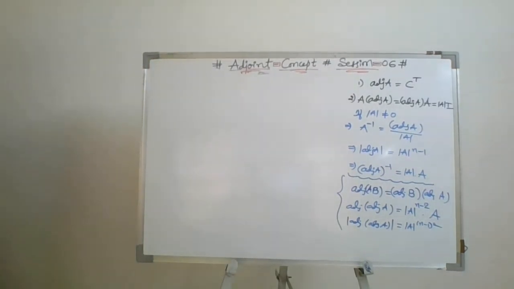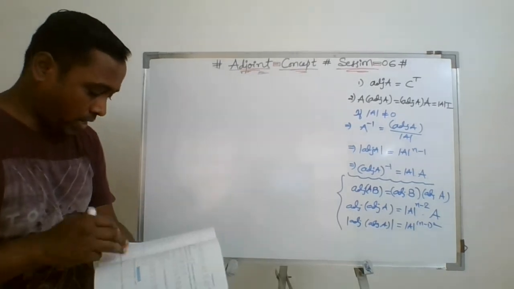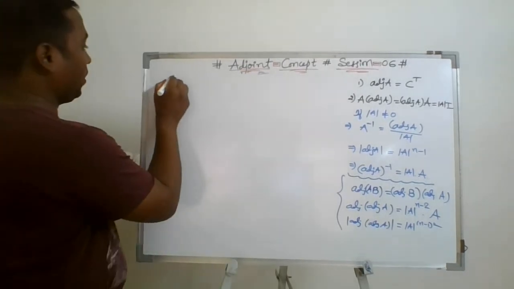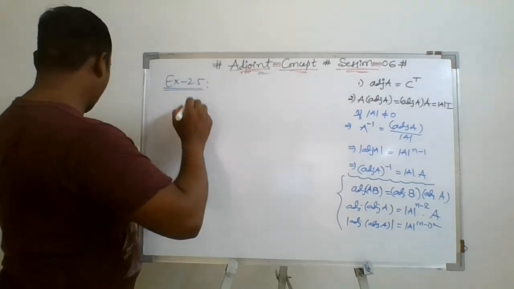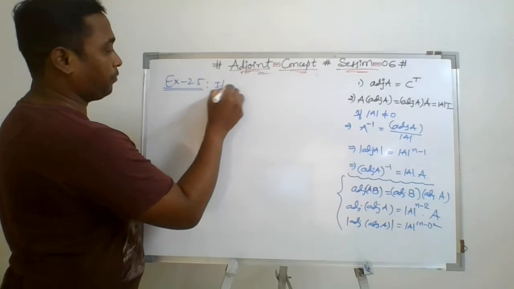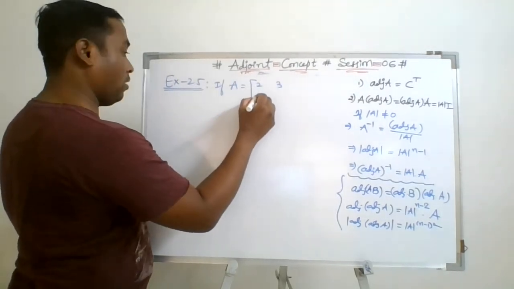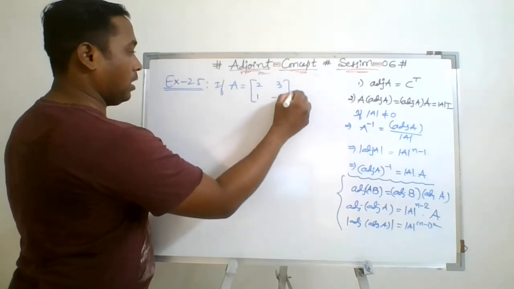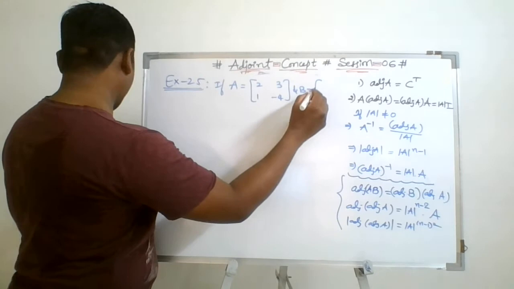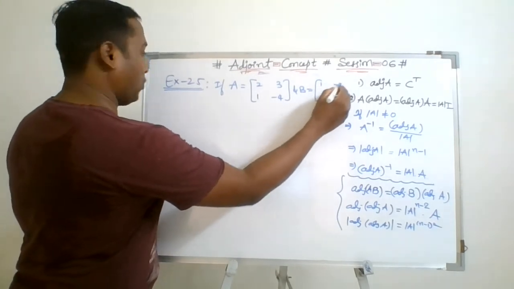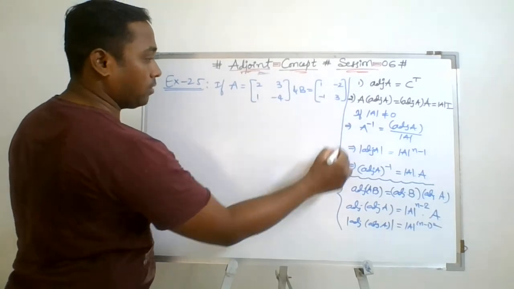Now see, one question is framed, example number 25 from the textbook. What is that? If matrix A is equal to [2, 3; 1, -4] and B matrix is given as [1, -2; -1, 3], right?